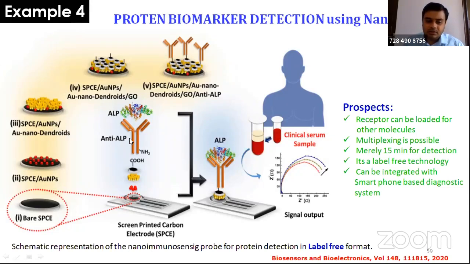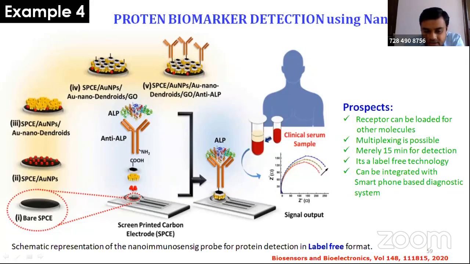So this whole complexation is assisted through the incorporation of the nanomaterial in the matrix. Then this whole probe was exposed for the detection of ALP in the clinical serum sample. This is another example where nanostructure has been utilized to develop an immunosensor.